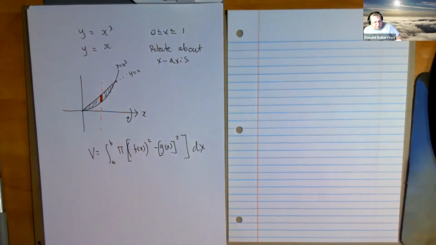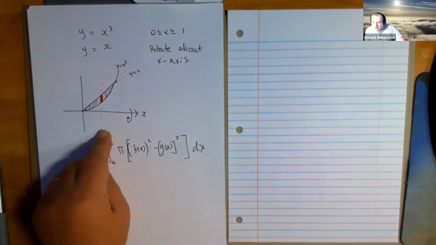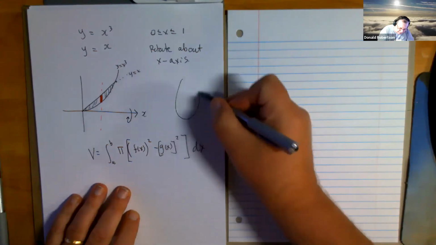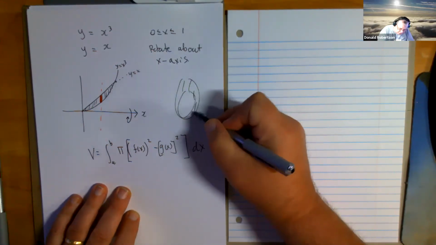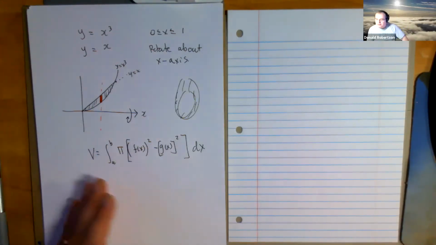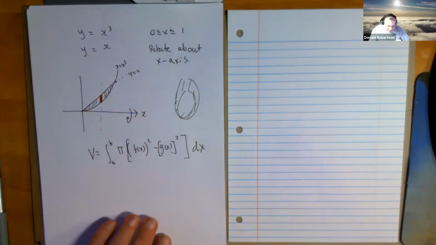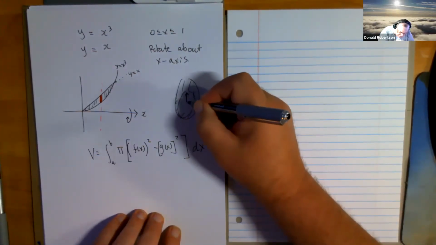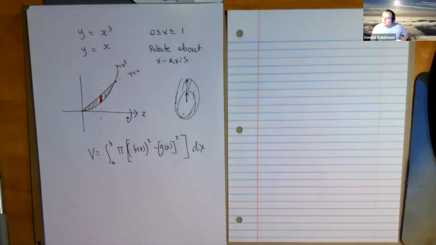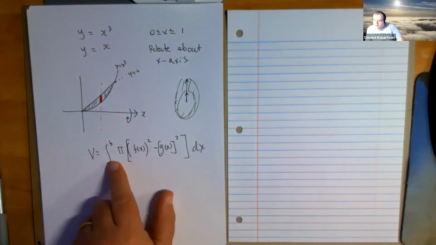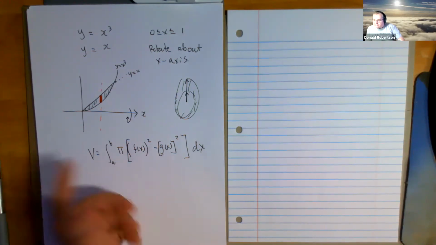So what you need to do here is, can you imagine this slice? If I sliced it this way, wouldn't you get a donut shape looking thing? And do you see that the area of this donut is big circle, take away little circle? That's what this is. And then the dx and the rest.